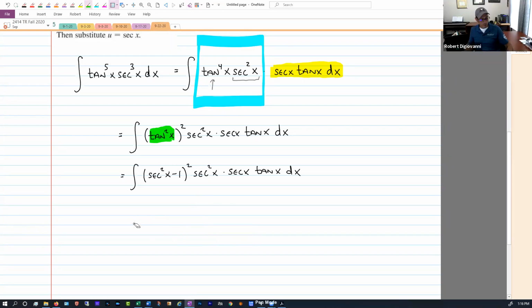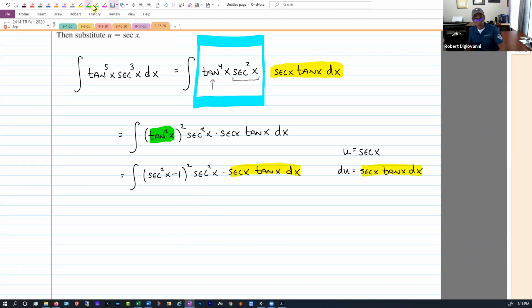All right, so I'm going to keep going here. Everyone okay with this step? I'm going to make a basic U substitution now. U is going to be secant x, and I know the derivative of that is secant x tangent x dx. That I have.